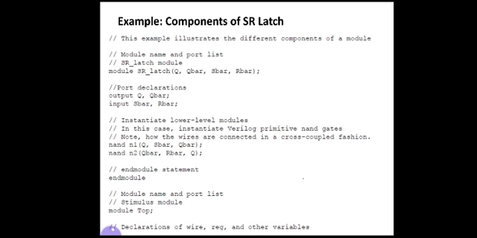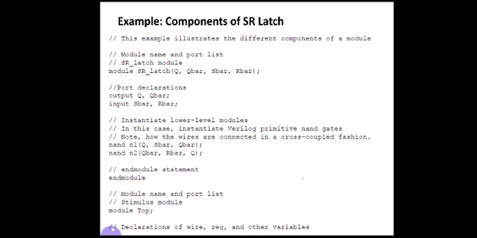Here just observe how wires, registers or any other variables can be declared, and how the instantiation of lower level modules can be done by using gate level modeling or structural modeling. This example illustrates the different components of a module. Out of the 5 different components, only a few are used here.